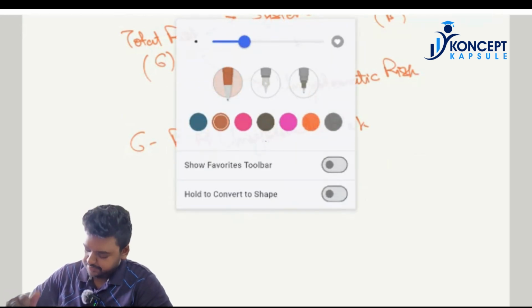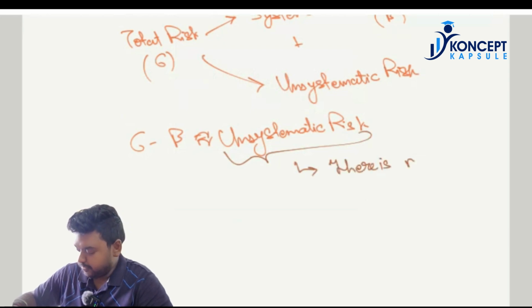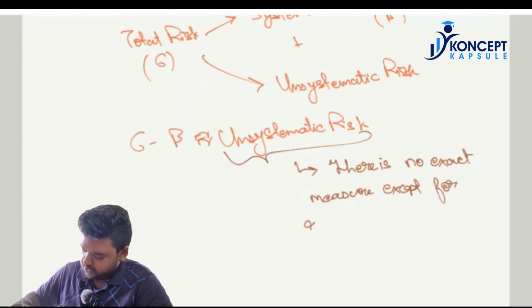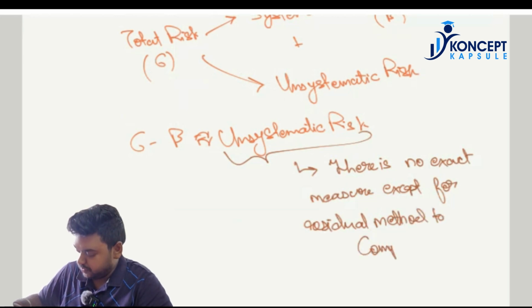And secondly, there is no exact measure except for a residual method to compute unsystematic risk. Are we clear?